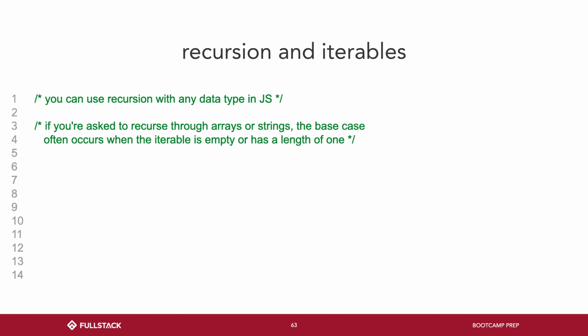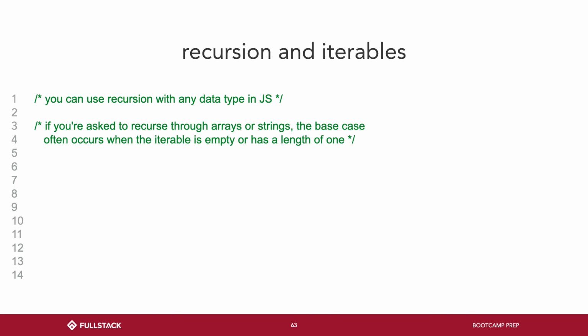So you can use recursion with any data type, and if you're asked to recurse through arrays or strings, the base case often occurs when the iterable is empty or has a length of 1, right? As you saw in our factorial problem, our base case was when the number is 1, or when the number is 0 with the countdown. We decreased that number until then, and then we said no more recursion. I'm not going to give you an example, but you can visually think about it: if I had a loop through this string or this array, what if I changed that array, changed that string?